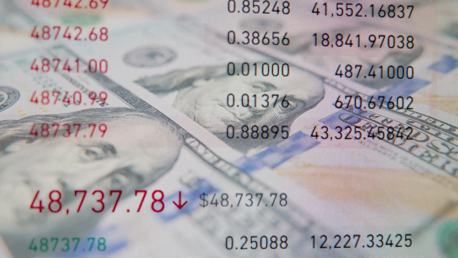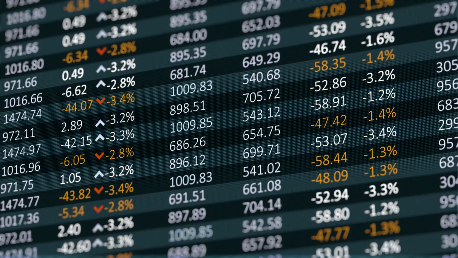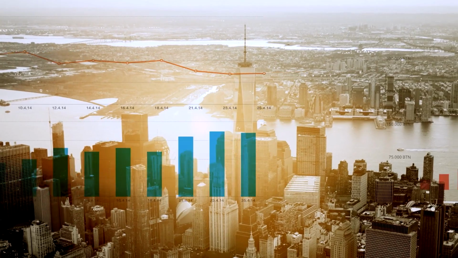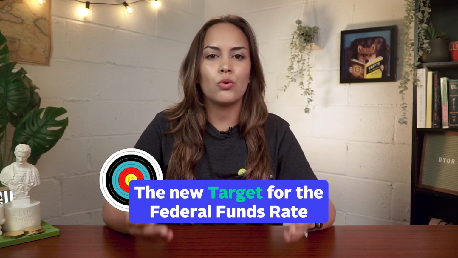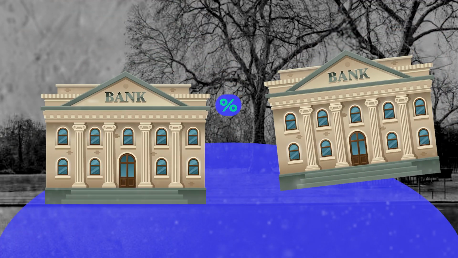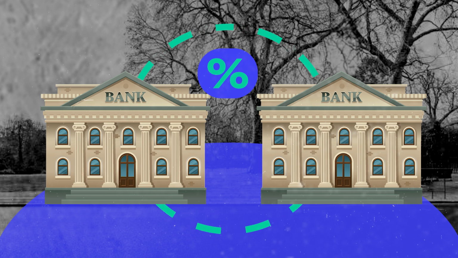First, the FOMC reviews economic data during regularly scheduled meetings and forecasts the growth of the economy. Based on how the economy is doing, one of the main things that the FOMC decides on is the new target for the federal funds rate, which is the interest rate banks charge each other on overnight loans.